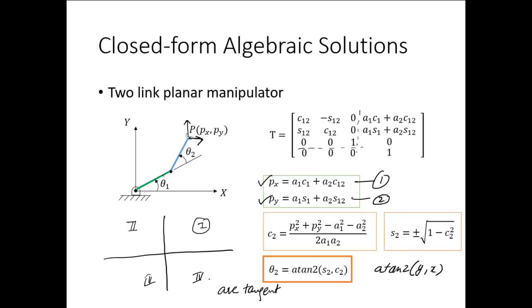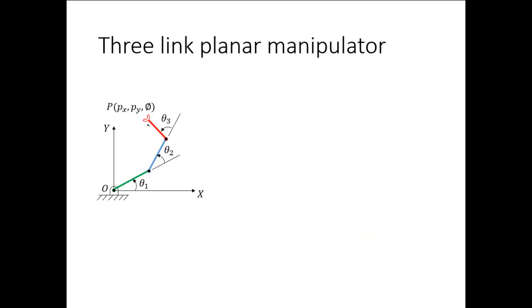Rather than the previous one, where we have two links and can just make the end effector move along the x and y direction, in this case we have an additional joint and additional link which acts as an end effector, so we can orient any object placed on it. First we can make it move to some place along x and y, and we can also orient it along the z-axis, which finally makes it a third degree of freedom, which is phi in this case.